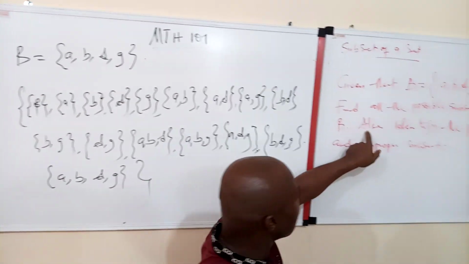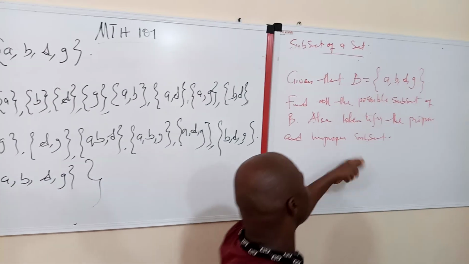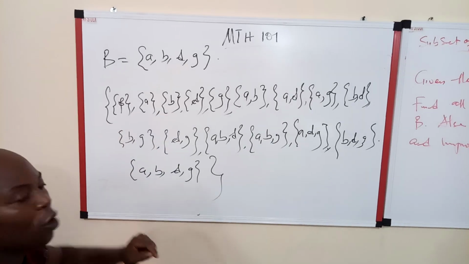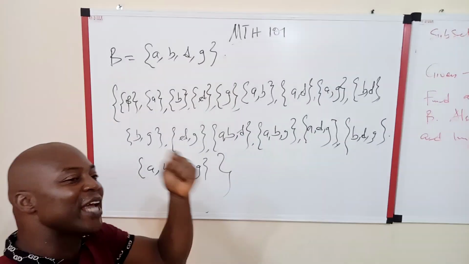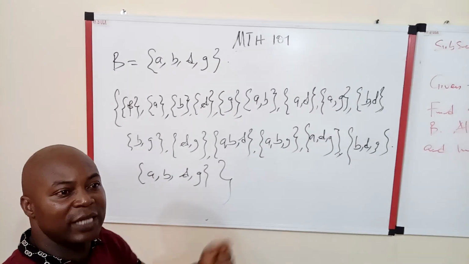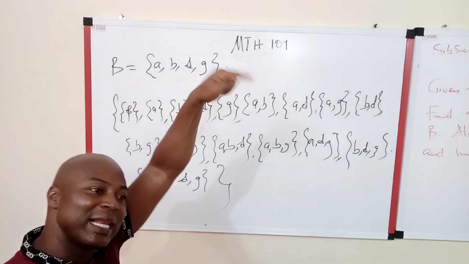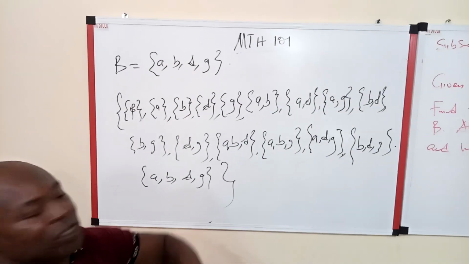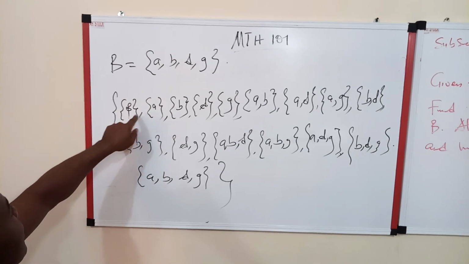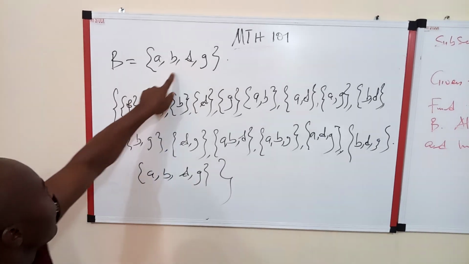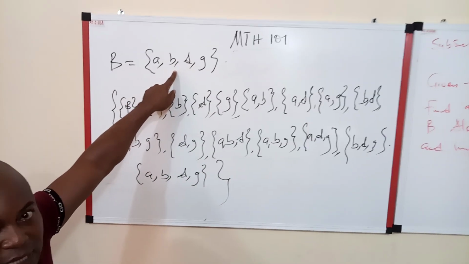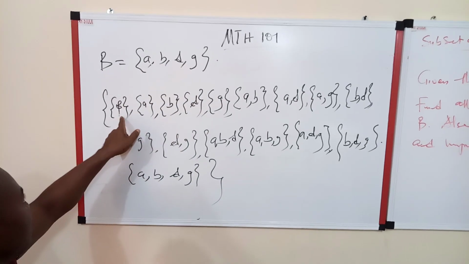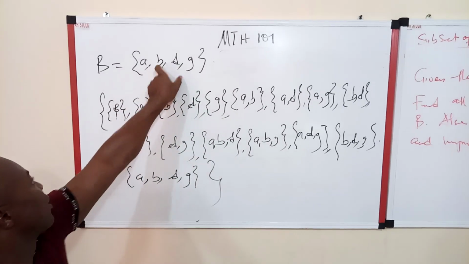Now, the second question is to identify the proper and the improper subsets. For it to be a proper subset, we said all the elements must be contained in the other, and there must be some elements left in the other one which are not contained in the smaller one. So in this one, you can see that these ones are there which are not contained in this.